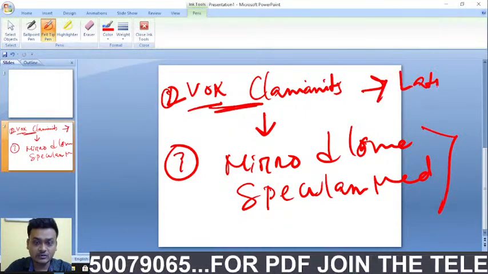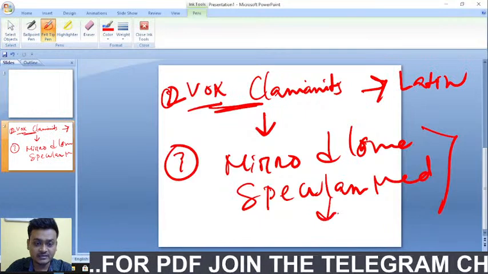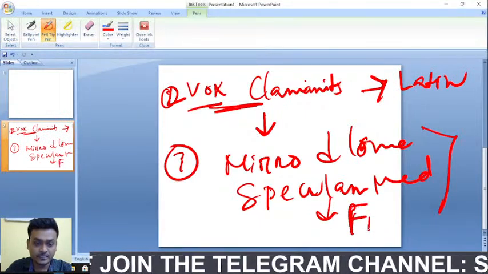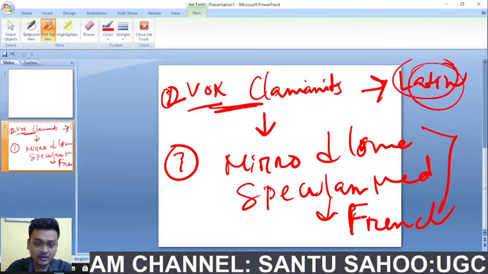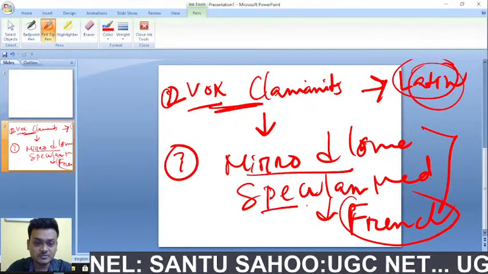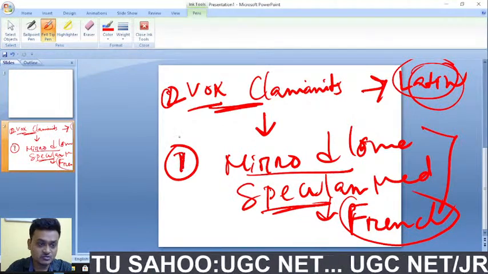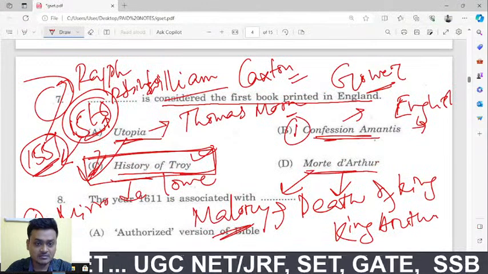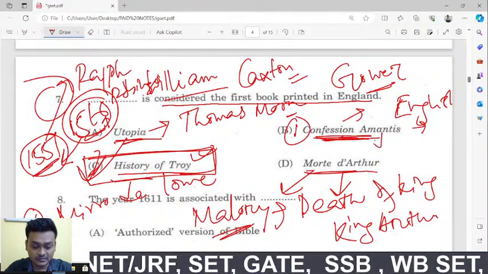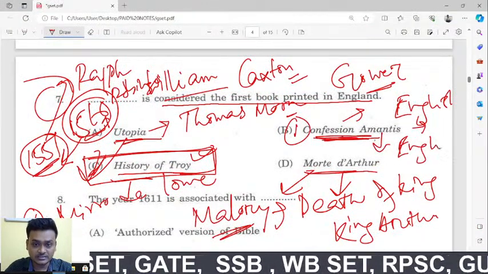Remember that it was a Latin work. In French it was Mirour de l'Omme, or Speculum Meditantis. This is the first work, this is the second work, and the third work is Confessio Amantis, which was written in English.